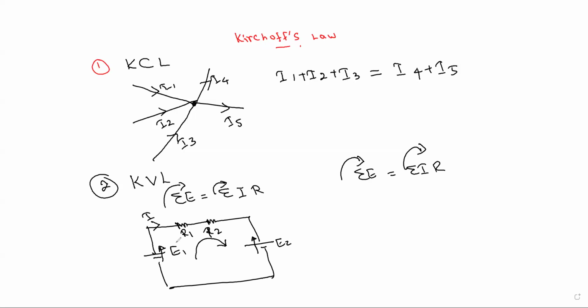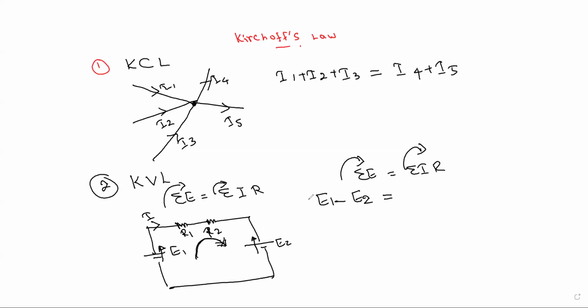Here I will consider sigma E, the summation of all voltage sources. E1 arrow is in this direction and I consider that direction, so E1 must be positive. E2's direction is here, but I consider the opposite direction, so I'll put E2 as negative.